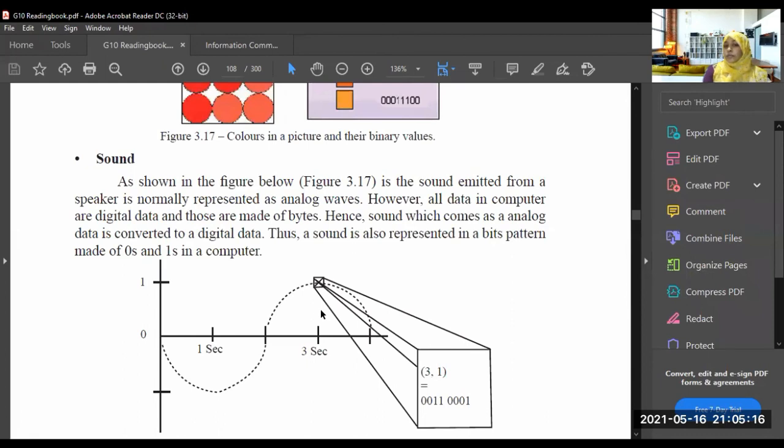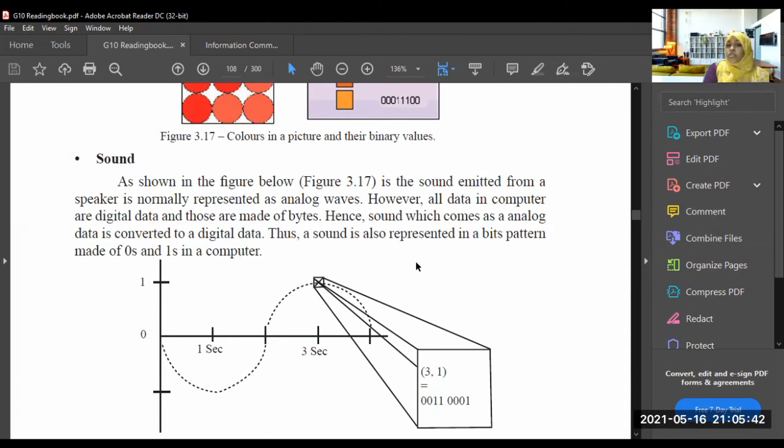Now understood? As shown in the figure below, the sound emitted from a speaker is normally represented as analog waves. You know analog waves, no? However, all data in a computer are digital data made of bytes. Hence, sound which comes as analog data is converted to digital data.